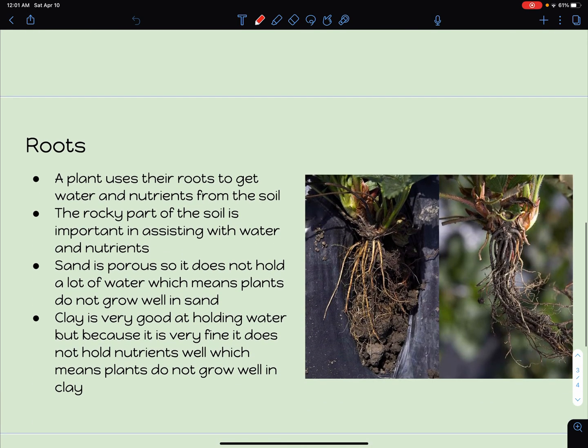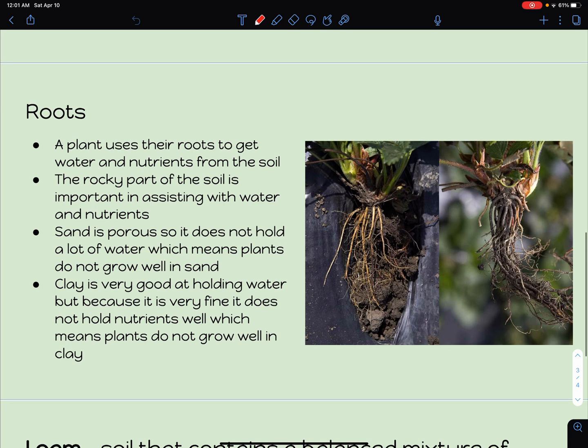Now, let's talk about the roots of a plant. The roots of a plant help them get water and nutrients from the soil. And the rocky part of the soil is important in assisting with water and nutrients, getting that water and nutrients to the rest of the plant. So sand is porous, so it doesn't hold a lot of water, right?